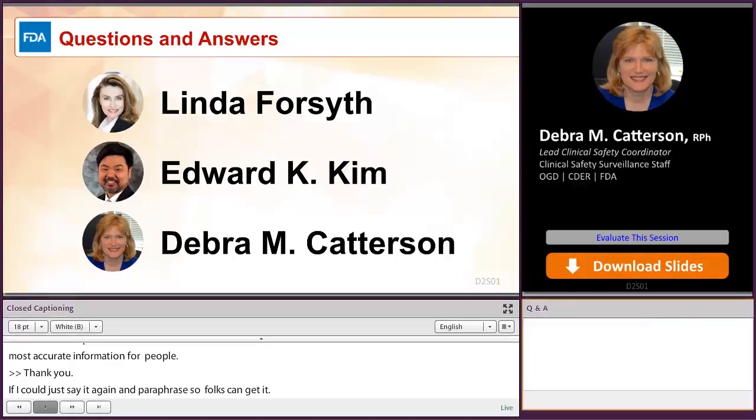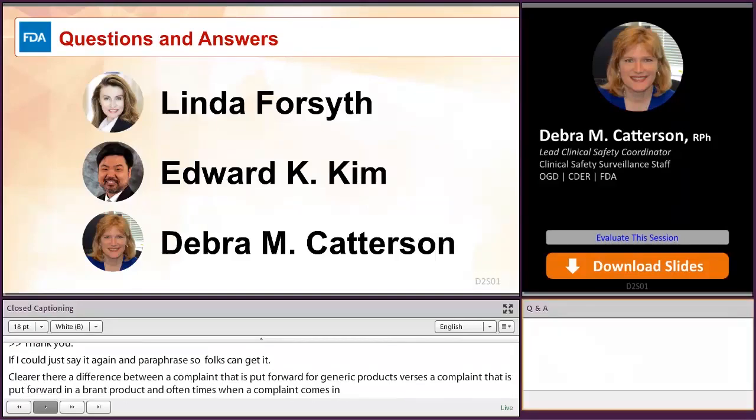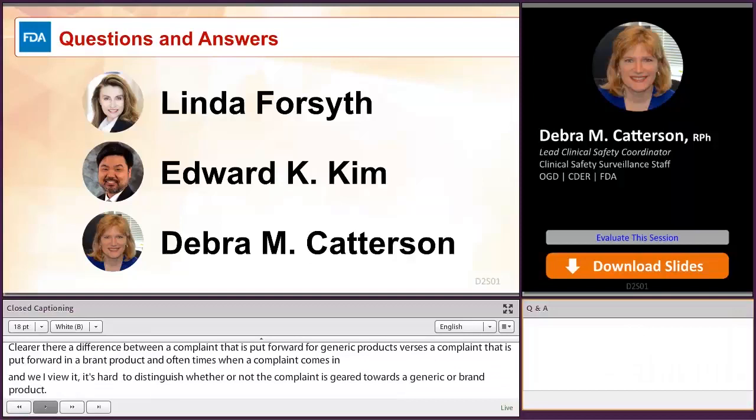Oftentimes when a complaint comes in and we review it, it's hard to distinguish whether the complaint is specifically geared towards a generic or a brand product. It really depends on the quality of the narrative and the complete fields that were entered, and often it's hard to make that distinction.